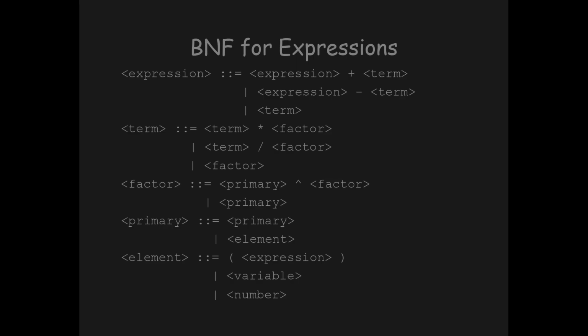Another BNF. You can write this in the usual context-free grammar notation if you like with the arrows and so on. It doesn't really matter, okay? They're completely equivalent. Each thing in here corresponds to something in the grammar. It's just a different notation that's easier to write on computers.